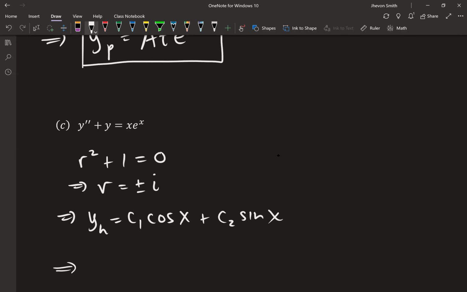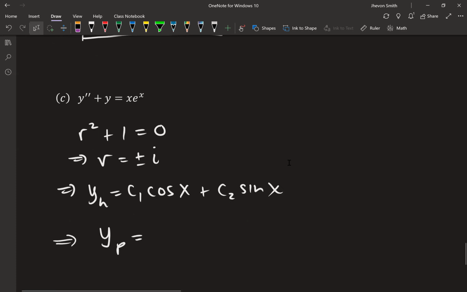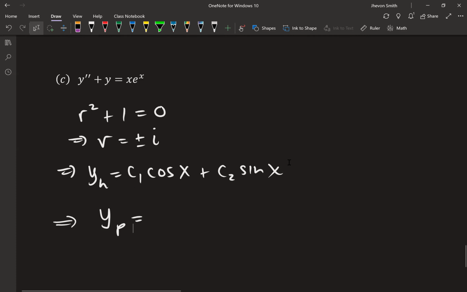So now I would guess my YP. What is my YP going to look like here? See if we understand at this point. What would it look like?